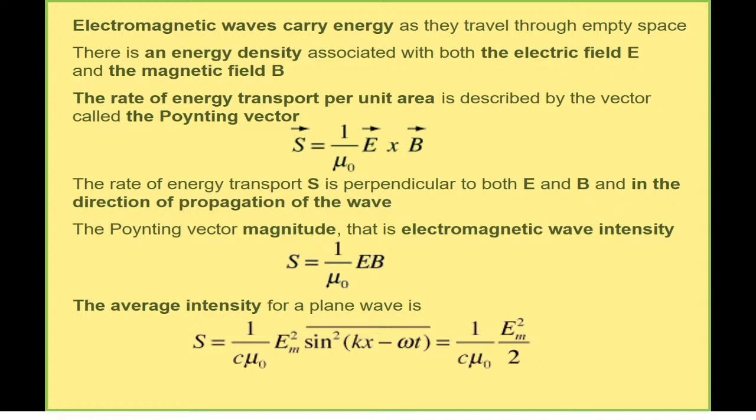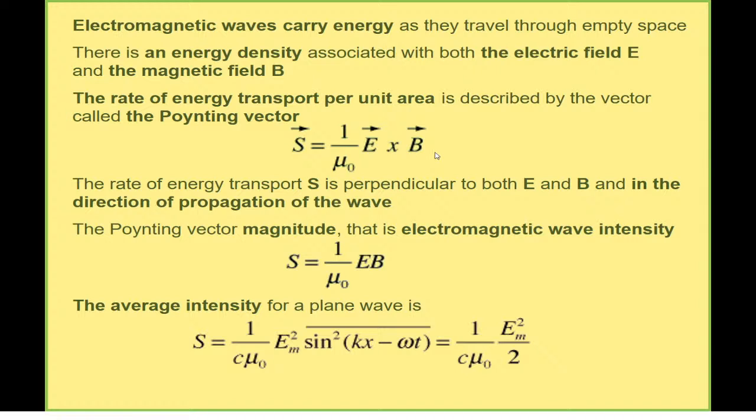So, and this is of particular direction. So that is why this amount of energy should be considered as a vector. It is the Poynting vector, and the magnitude of this vector, the Poynting vector, or the energy density or intensity, equals to this product.